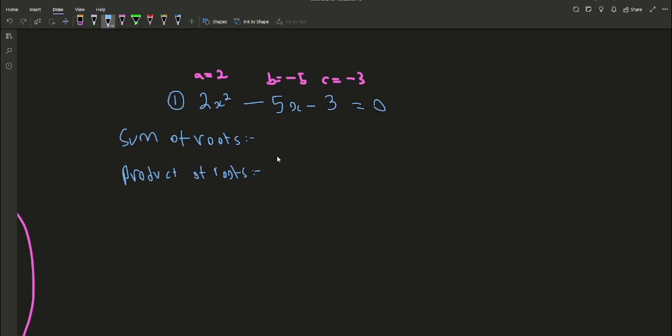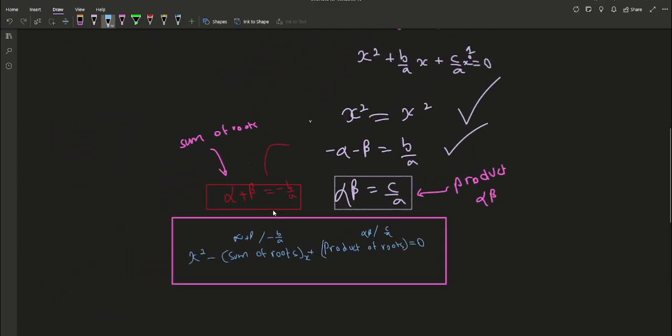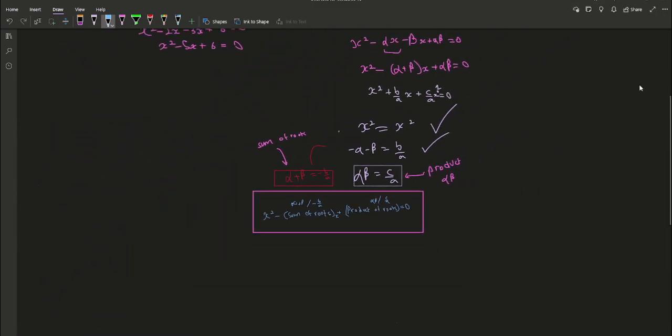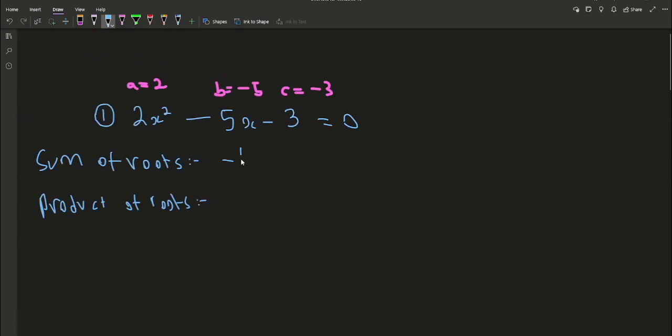The formula for sum of roots is minus b over a, right? So what's the value of b? Minus 5. And the value of a is 2. So the sum of roots equals 5 over 2.